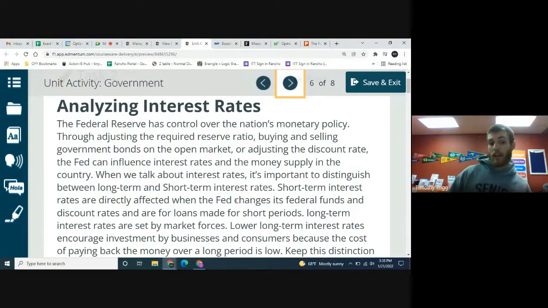On the other hand, if interest rates are low, that causes inflation to go up. Even though the stock market might look like it's doing great when interest rates are low, inflation usually goes really high, and that's what we're seeing a lot today too. The Fed generally has a lot of control over the way inflation works because they have control over the nation's monetary policy and the interest rates.